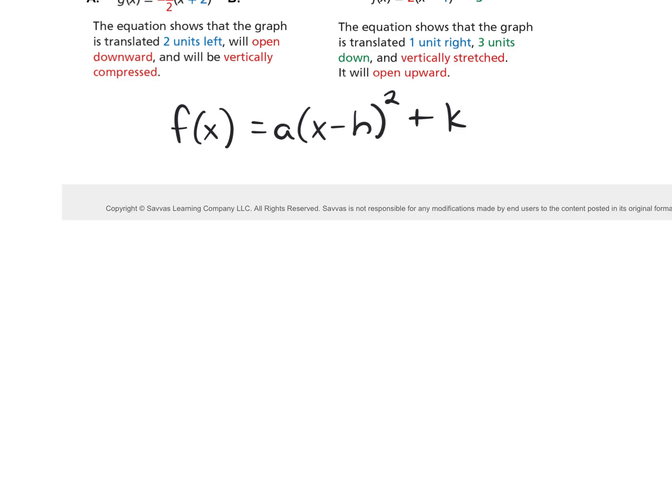To label some things here, I want you to label these also. We have A. That A tells us the direction the parabola is going. So that tells us if it's opening up or opening down. So remember at the beginning of this, I talked about if it's up, that A is positive.